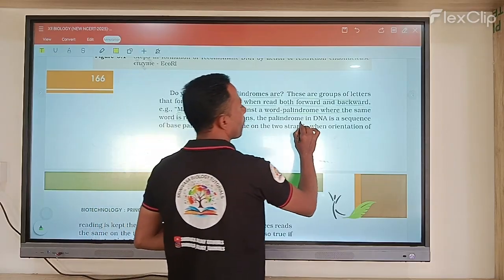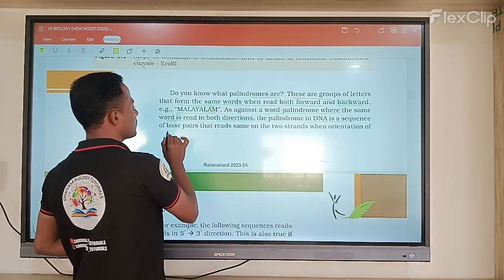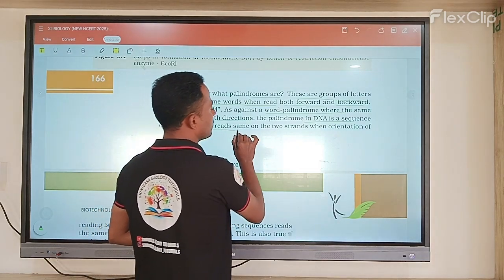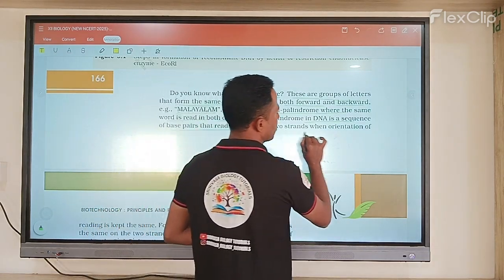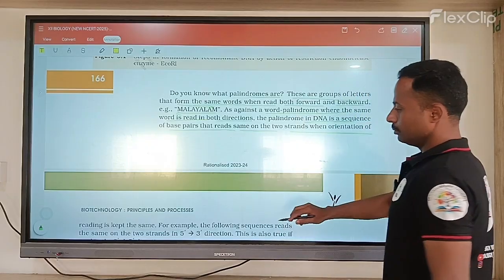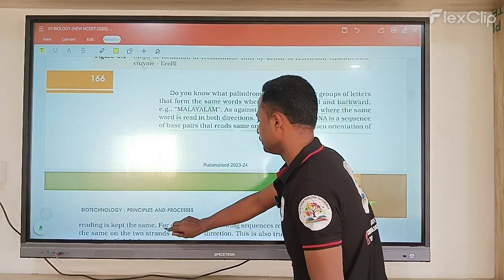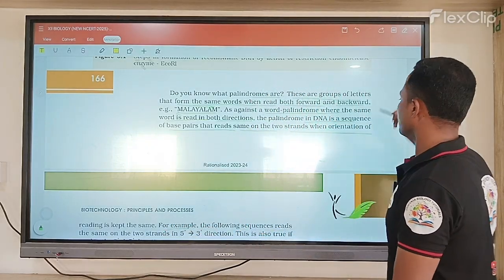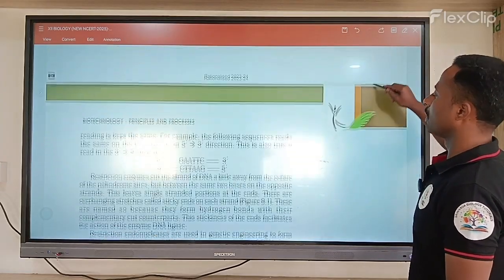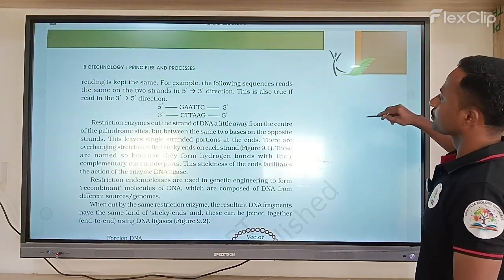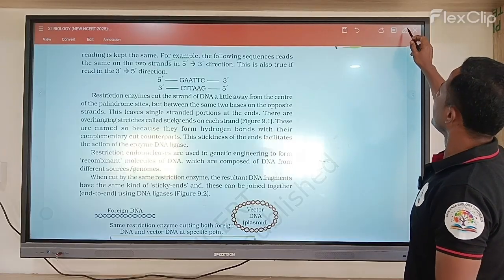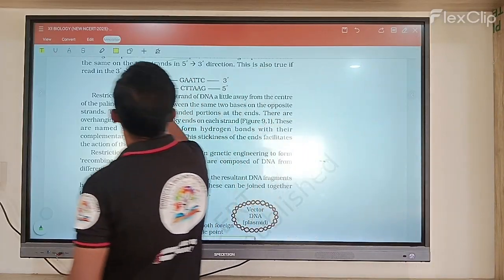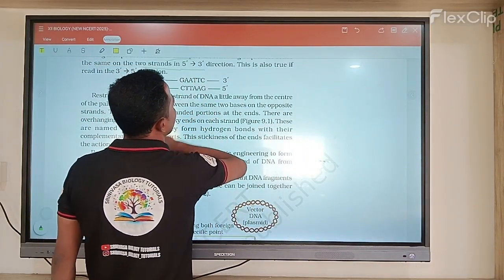Palindrome in a DNA sequence: the base pairs read the same on the two strands. For example, the following sequence reads the same on the two strands in the 5 prime to 3 prime direction.